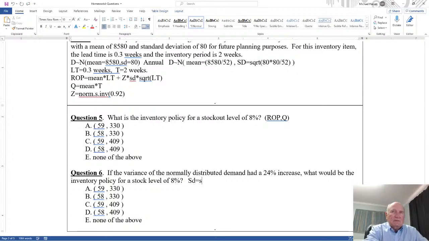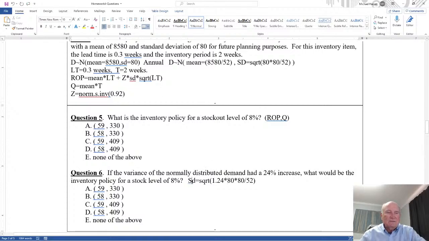Standard deviation equals the square root of, remember, 80 times 80 divided by 52 per week. But I'm going to increase the variance by 24%, so times 1.24.